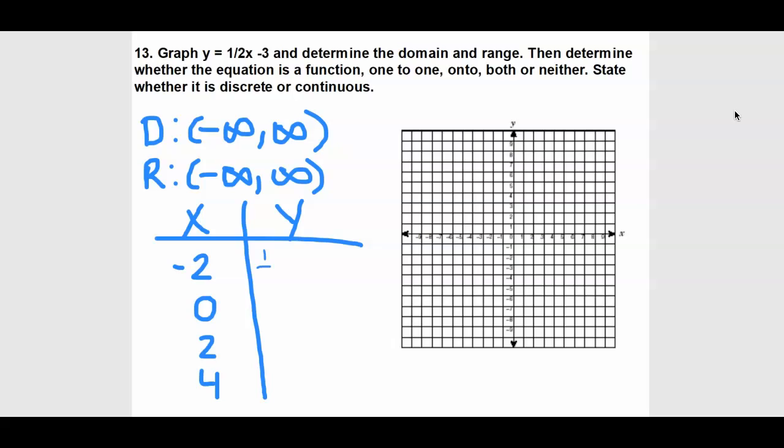So you get 1/2 times -2 minus 3. 1/2 times 0 minus 3. 1/2 times 2 minus 3. And 1/2 times 4 minus 3.